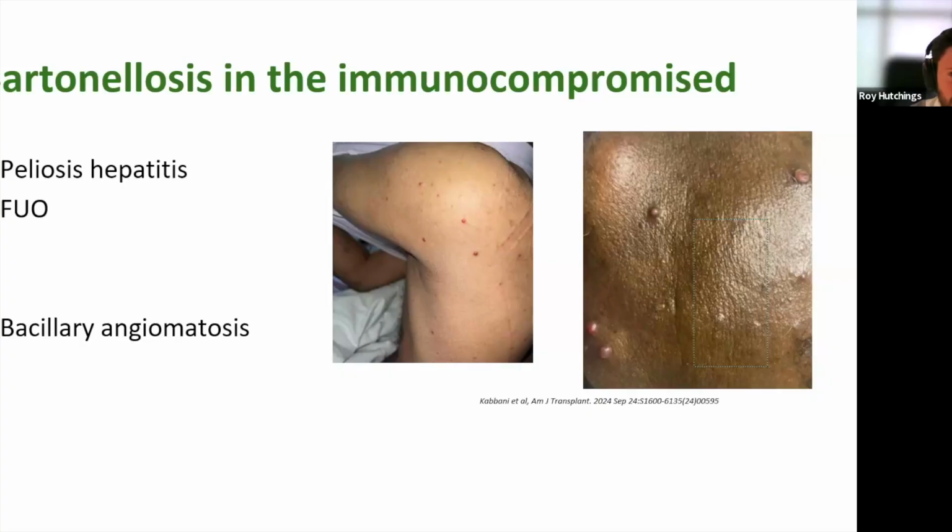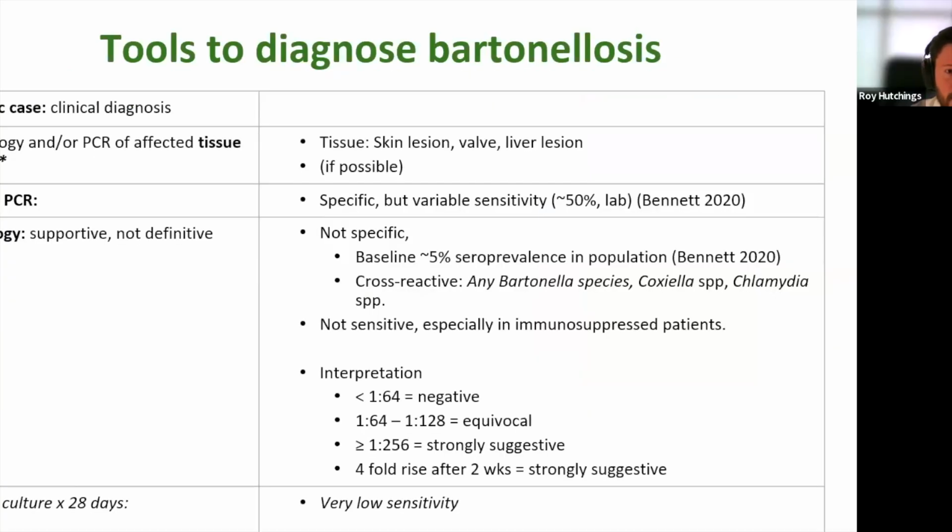We do have some tools to diagnose Bartonellosis when you suspect it. For the most obvious cases, you don't always need a test and can often move to treatment, such as some cases of classic cat scratch disease with a very typical history. But most cases will be less clear and you'll want a confirmatory test.